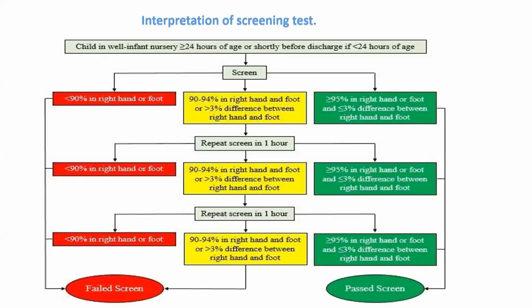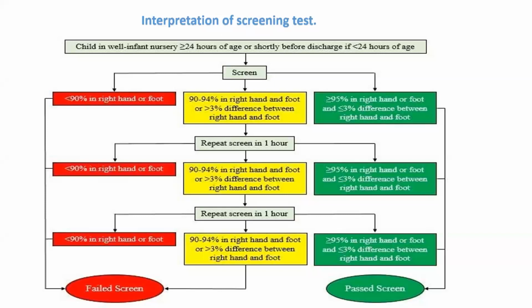So to revise again: child is born, then 24 hours after delivery, or shortly before discharge, if it has to be done early, before 24 hours, ideally they plan to repeat it. If the saturation is less than 90%, either in the preductal limb, that's the right upper limb, or the postductal, the right or the left lower limb, then that one has failed the screen.